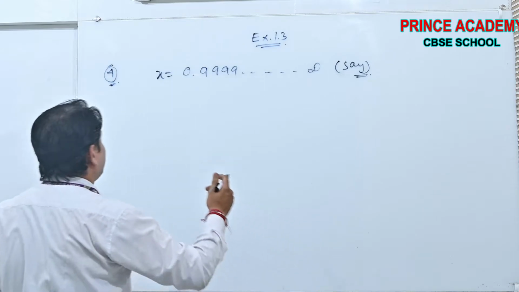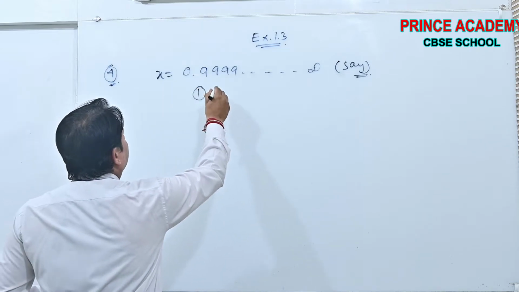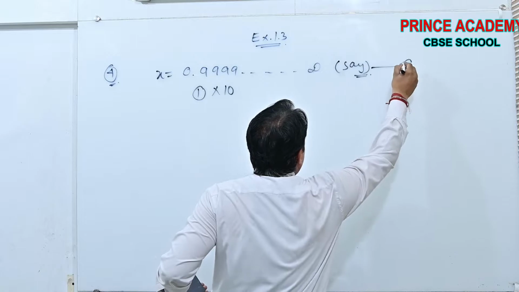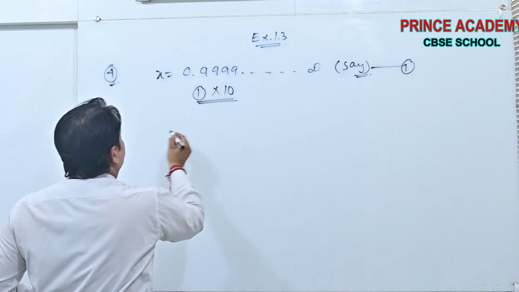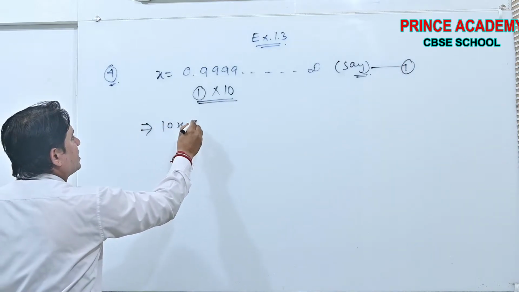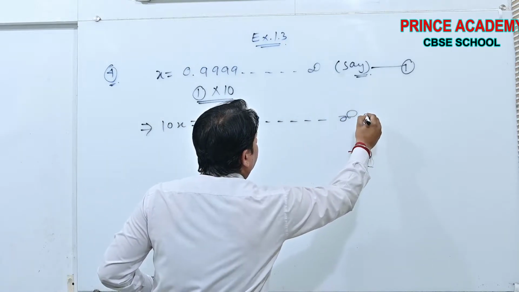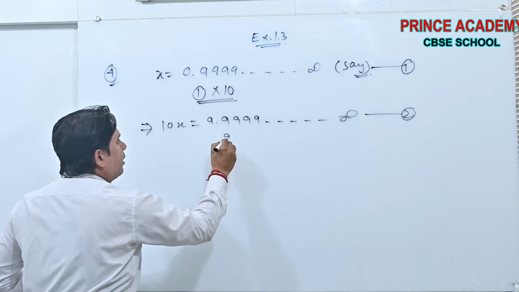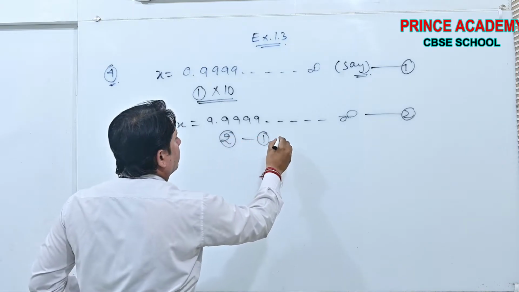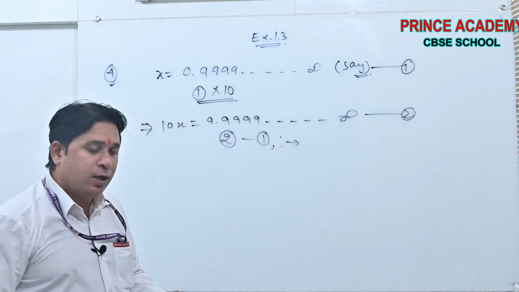Okay beta, see, now multiply this equation by 10. Suppose this is equation 1; multiply 1 by 10, you will get 10x is equal to 9.99999 and so on. This is the second equation. Now if you apply 2 minus 1, what will you get?